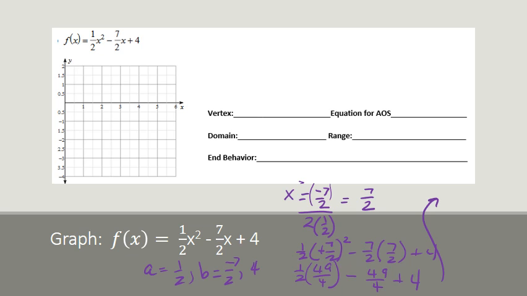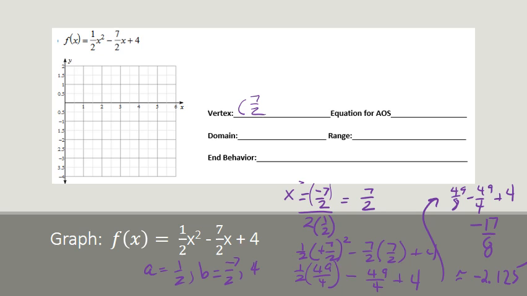That will give me 49/8 minus 49/4 plus 4. And if I add all of that together, I get negative 17/8, which is negative 2.125.